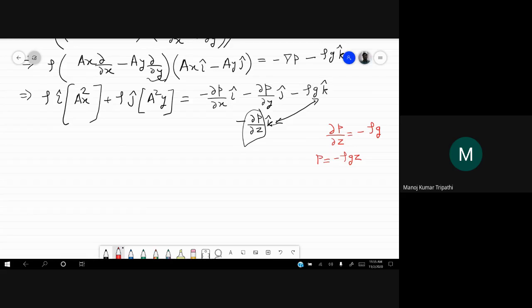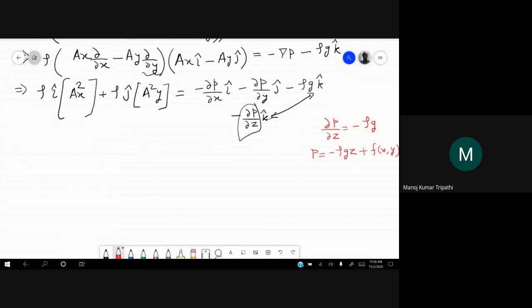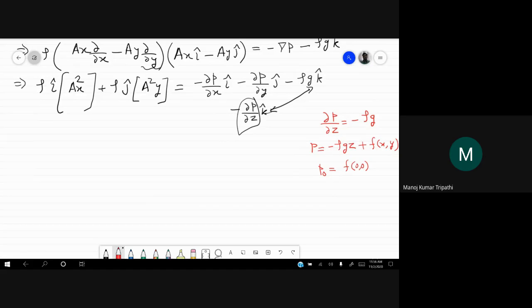Right, at z equal to 0. Then if we put x, y, z 0, we get p naught equal to f of 0 comma 0. Okay, later on we will see what this function f of xy is.